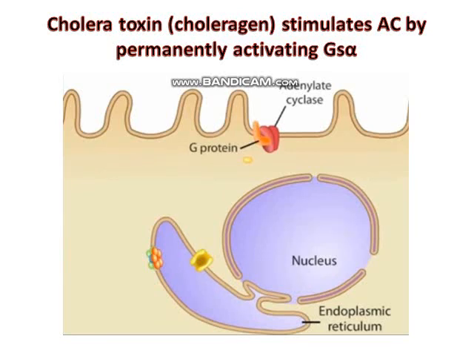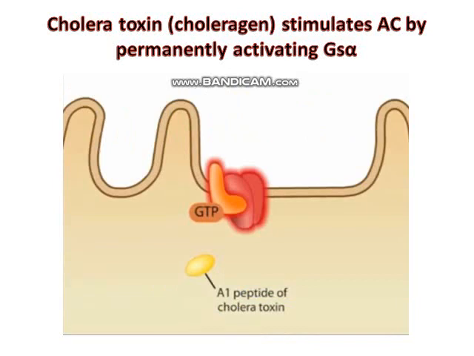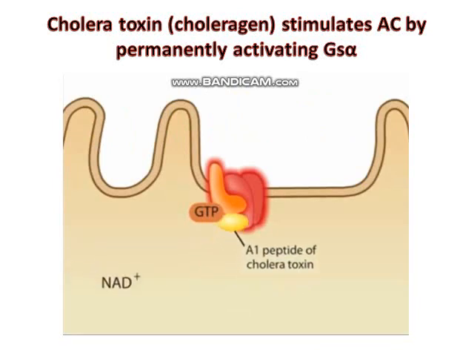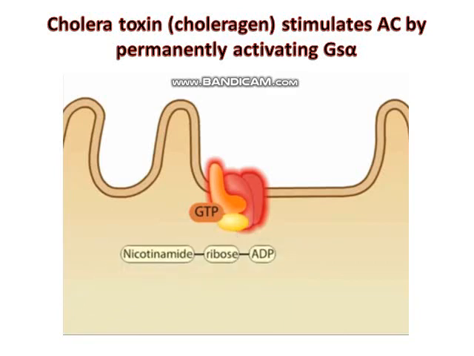Now, A1 uses a molecule of NAD+, made of nicotinamide and ribose sugar and ADP. So it catalyzes an irreversible transfer of ADP ribose to the arginine side chain of the G-alpha subunit.